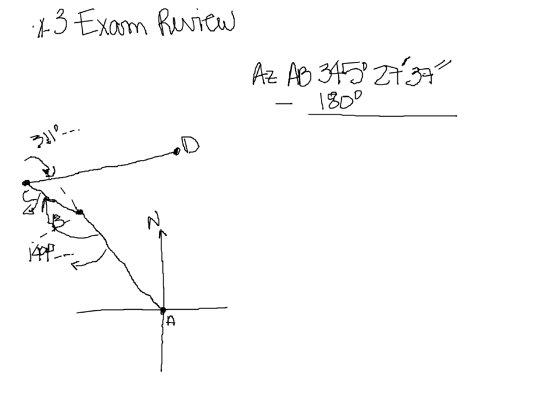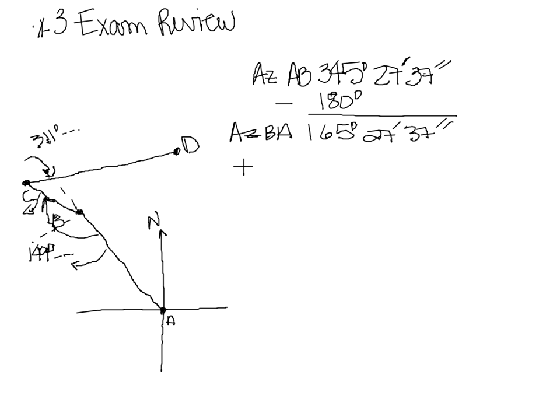I haven't done the math, so let's see, 37, 27, 5, is that 165? Does that look right? Checking my math here. 5, 8, and 6 is 14. Yeah, I think so. Now that is going to be the azimuth of B to A.